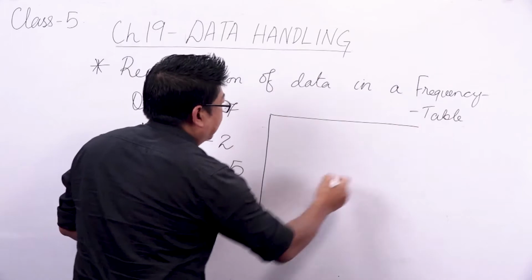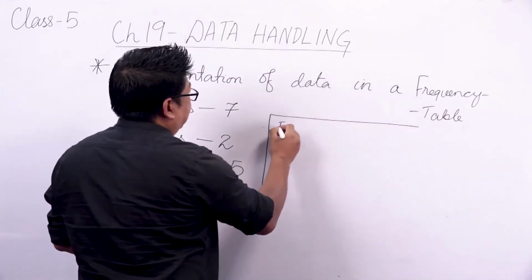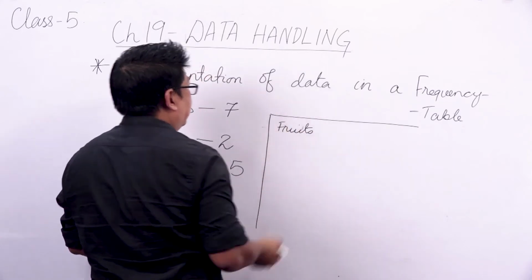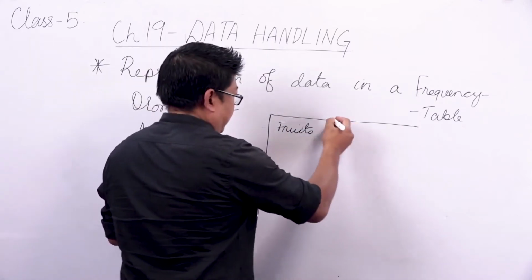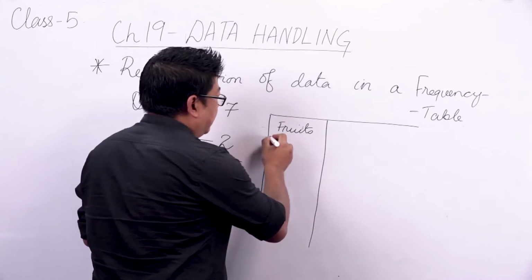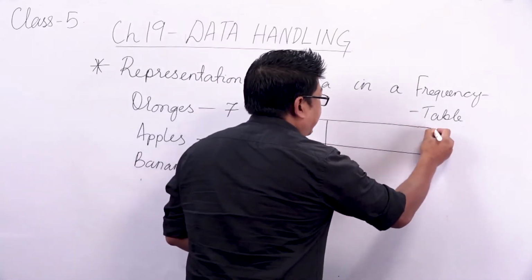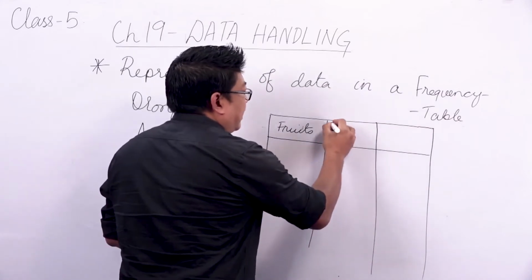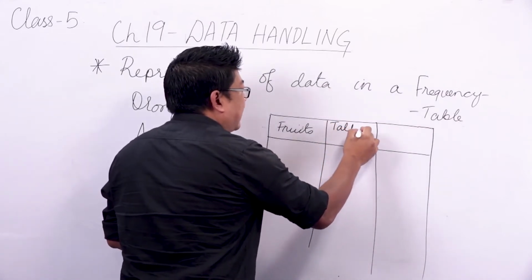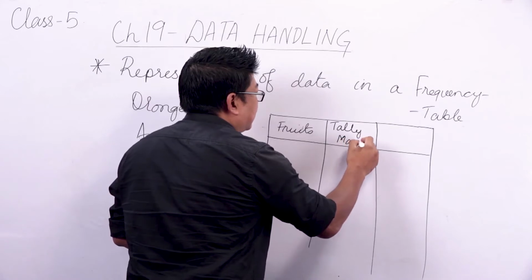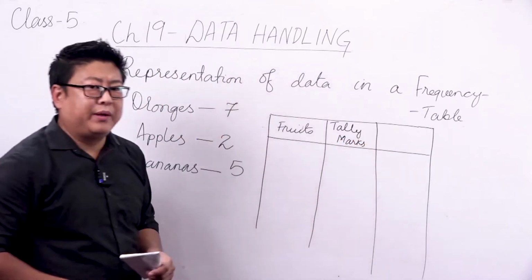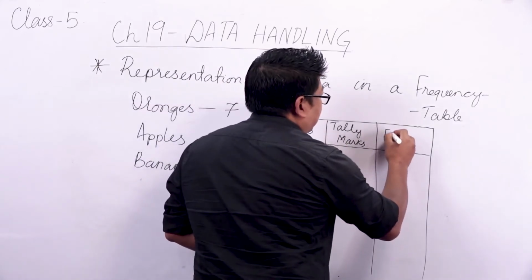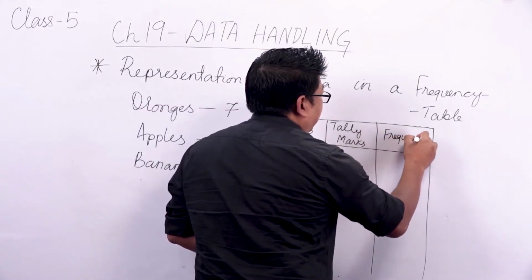Let's draw a table. The first column is the type of fruits. We will have 3 columns here. The second column is called tally mark, or simply tally. The final column will be for frequency.